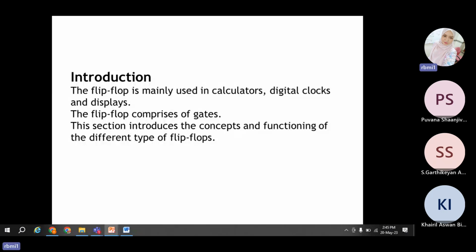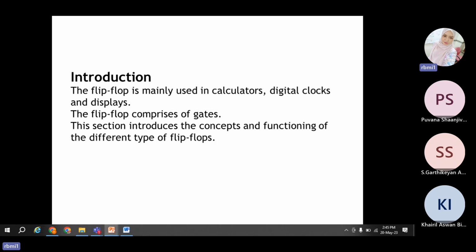The term flip-flop in digital circuits refers to a type of circuit element that is commonly used as a building block for memory and sequential logic circuits. It is a bistable device that can store one bit of information and can change state based on certain input signals. The flip-flop comprises gates, kita tengok sekejap lagi.